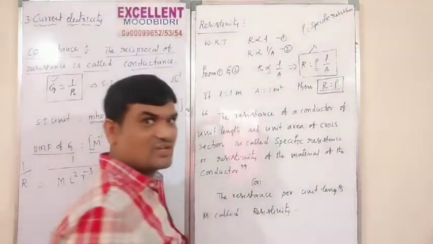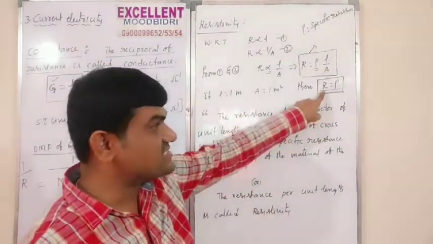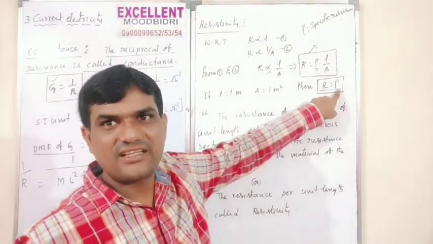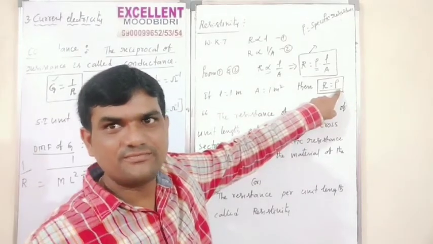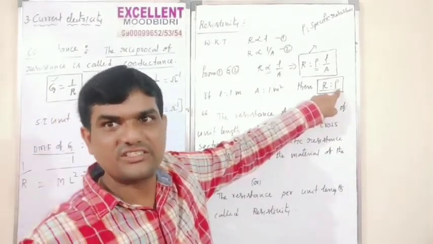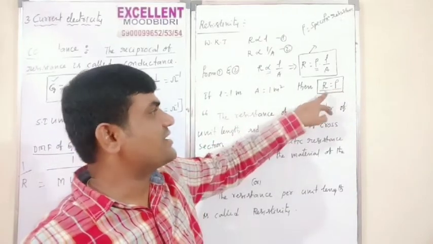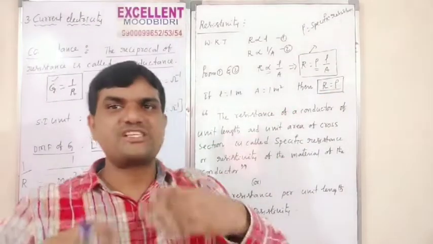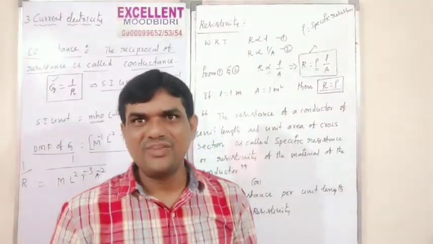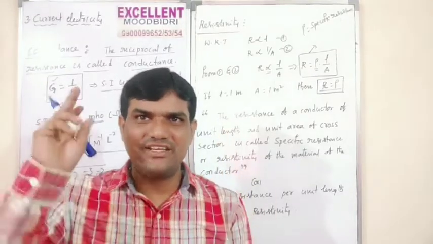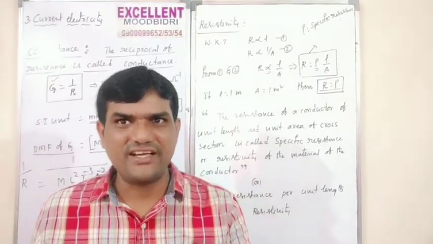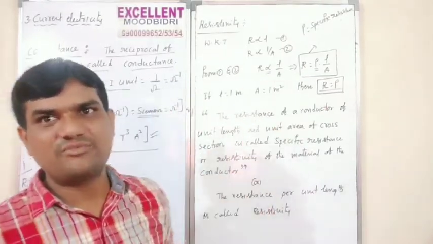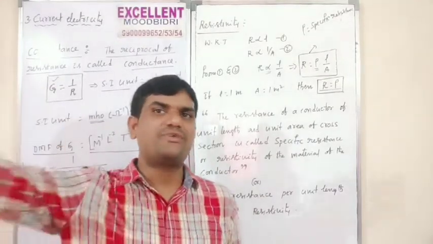In that case, the resistance is called specific resistance: the length of the conductor is 1 unit, the area of cross section is 1 unit square, and the resistance R is equal to rho.